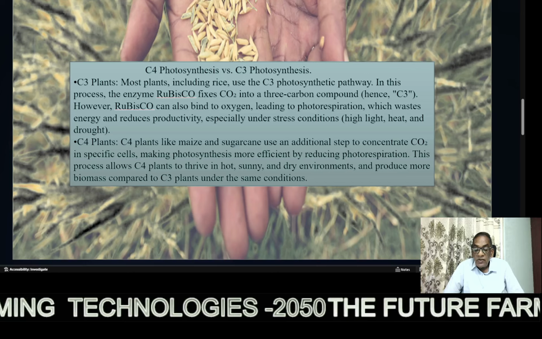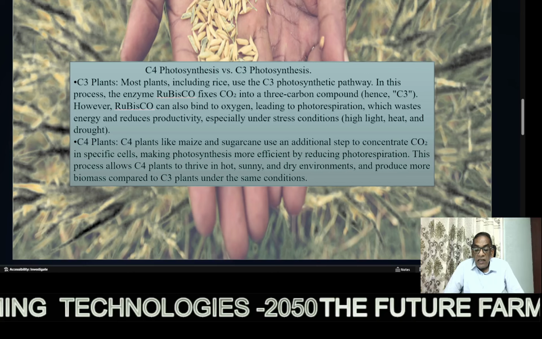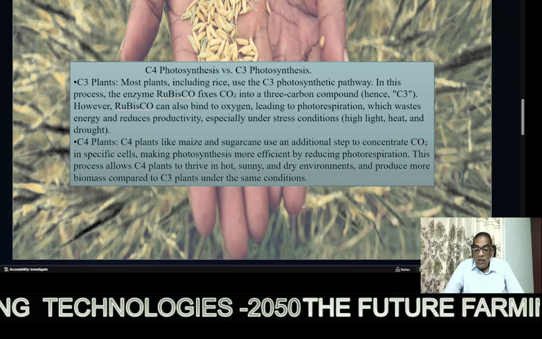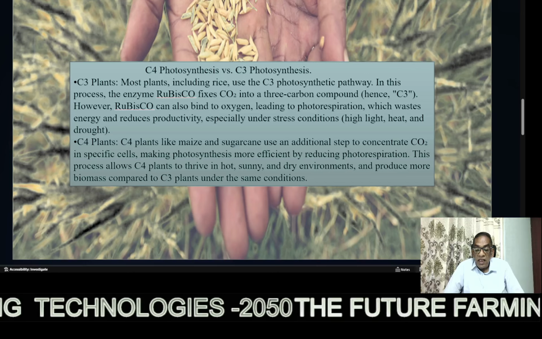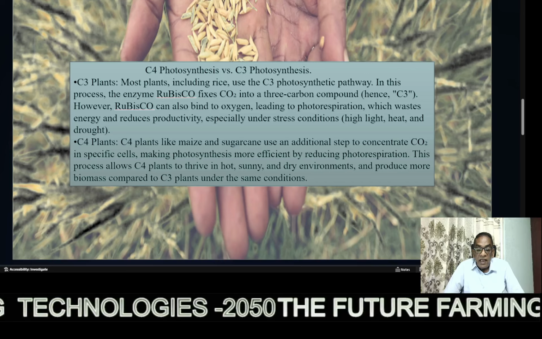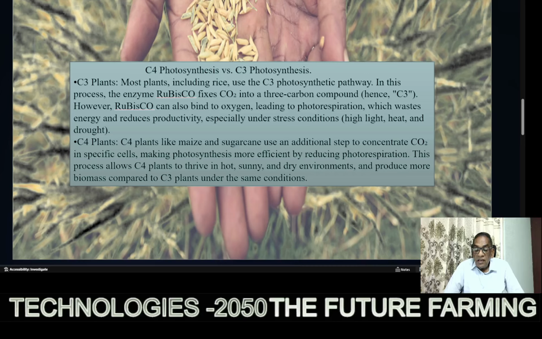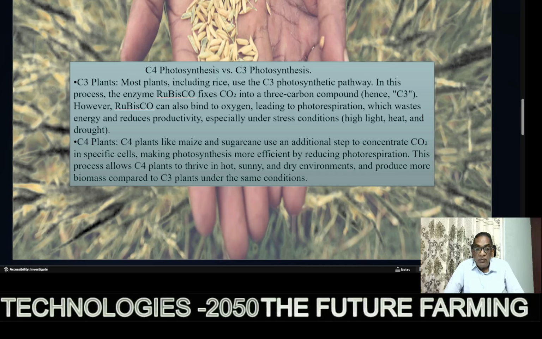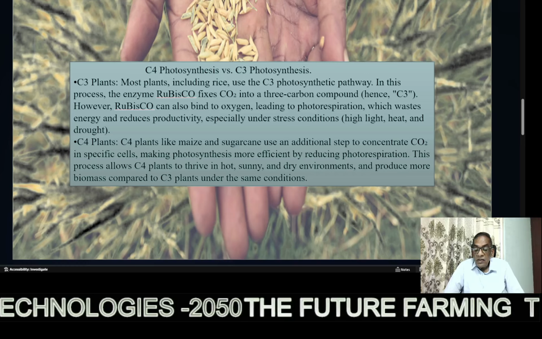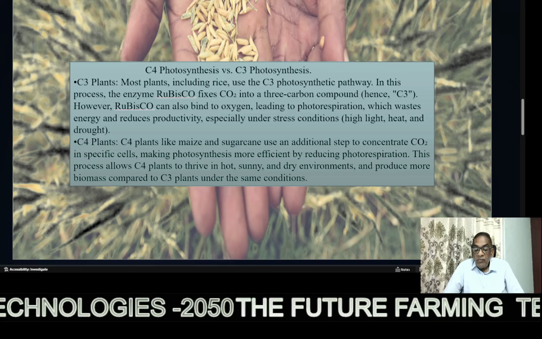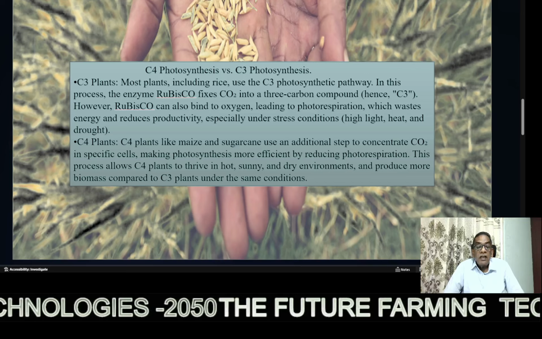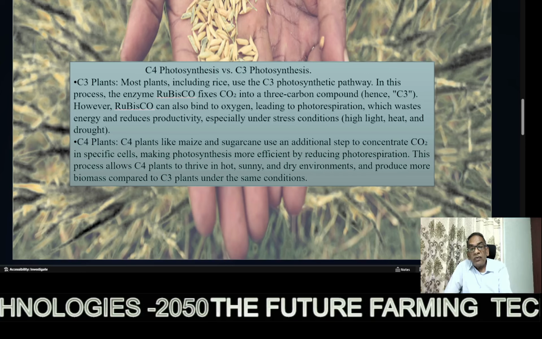This process allows C4 plants to thrive in hot, sunny and dry environments and produce more biomass compared to C3 plants under the same conditions. So when there is high light, heat and drought, C4 plants act more efficiently by reducing photorespiration. This is the difference between C3 and C4.